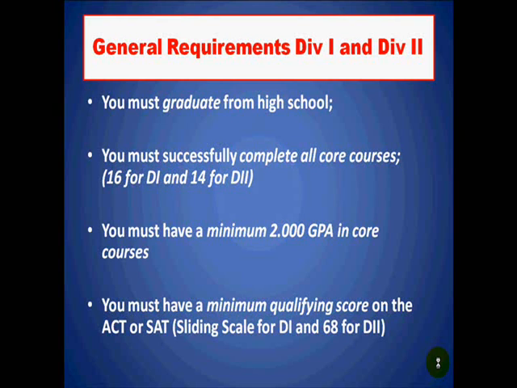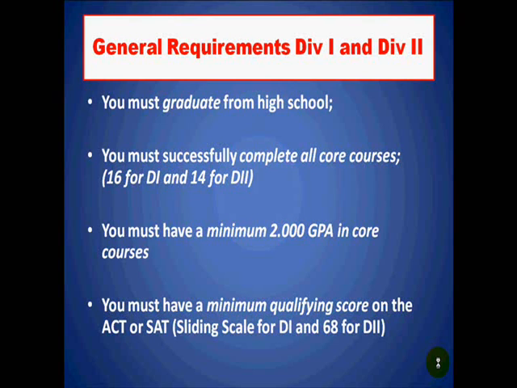You must have a minimum qualifying score on the ACT or the SAT. There's a sliding scale for Division I, and there's a minimum set forth by Division II. For instance, 68 for Division II. So if you're going to play in a Division II program, you must make at least a 2.0 GPA, and you must make a total score of 68 on your ACT.